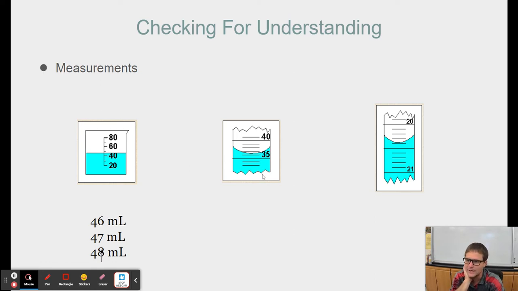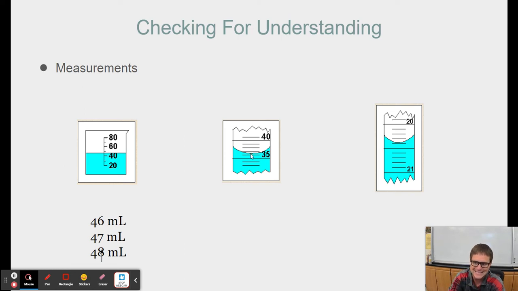Now let's take a look at the graduated cylinder. If this is 35 and that's 40, the next lines are 36, 37, 38, 39, 40. So I know this is between 36 and 37. So 36 point, and now I'm having to estimate in that space where the liquid is. With this liquid, we always look at the bottom of the curvature right here.